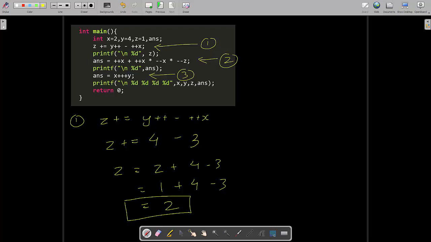So my result is going to be 2 for the first printf.